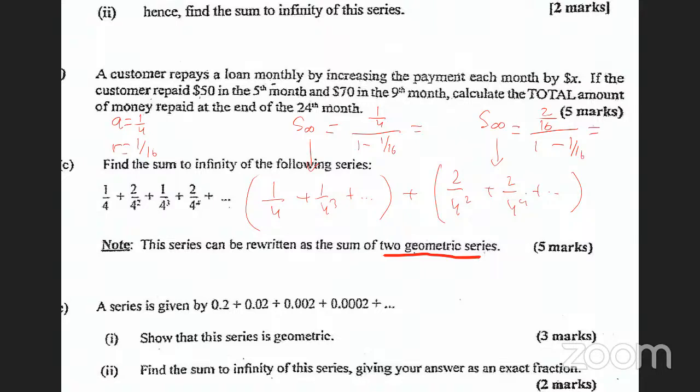And then when you work it out, what's the first one? First one is what? 4 on 15 for the first one. And what's the next one? 2 on 15.